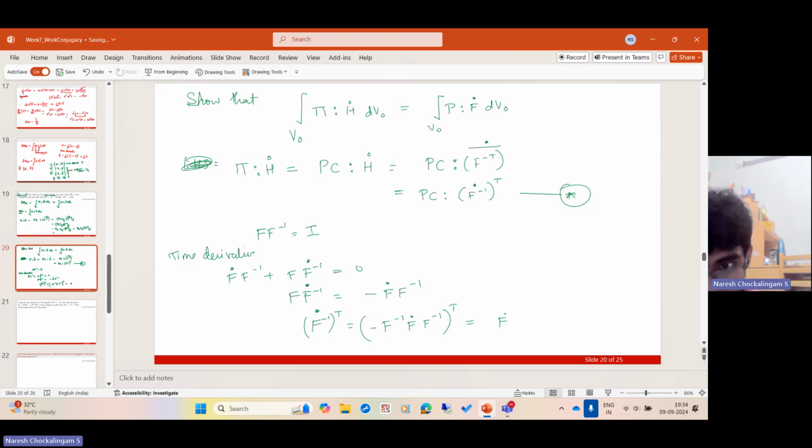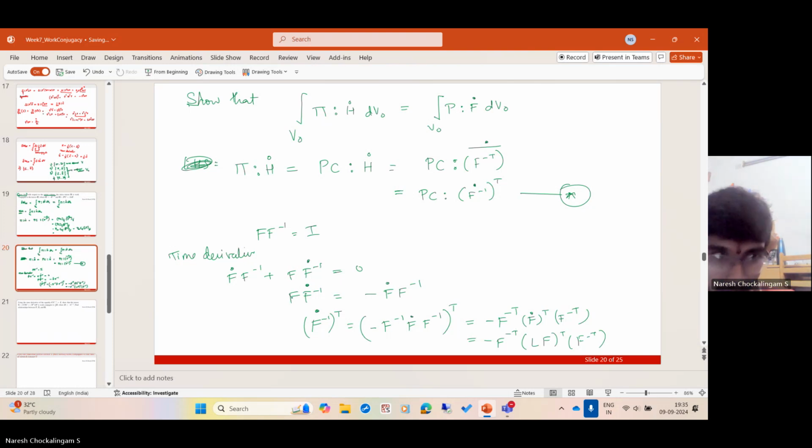We get F inverse transpose, F dot transpose, and F inverse transpose with a minus sign. But what is F dot transpose? F dot is LF. Use that relation. We get minus F inverse transpose, LF transpose, F inverse transpose.